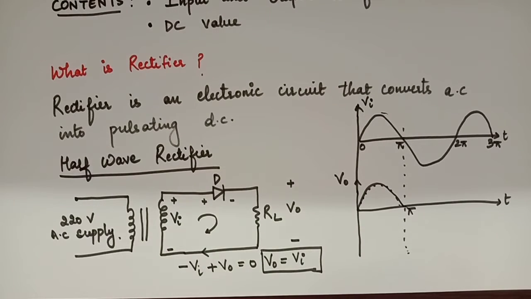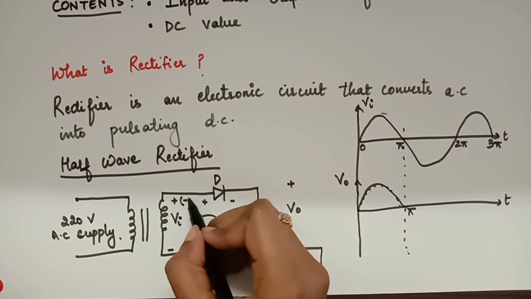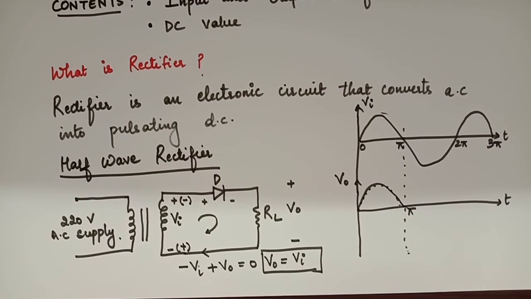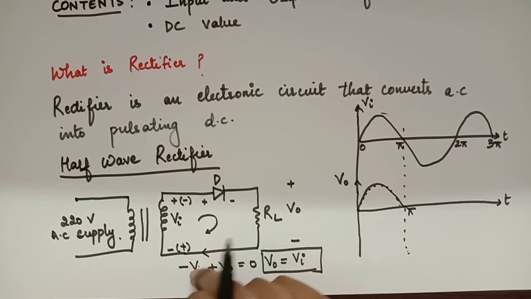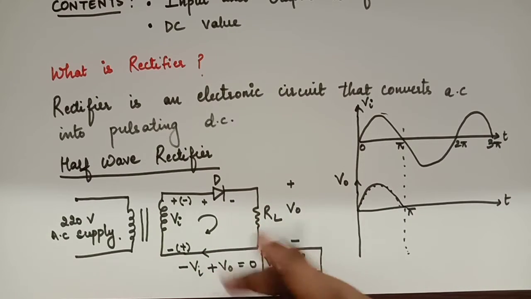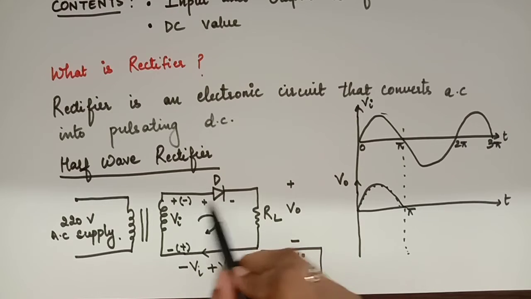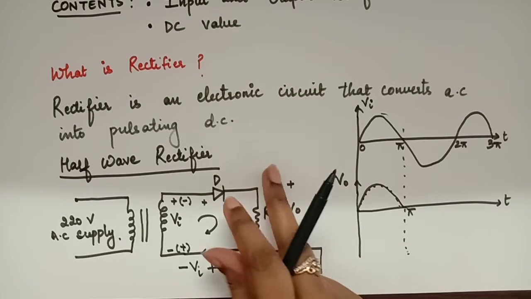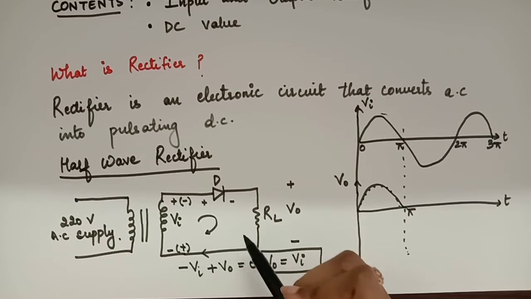Now let's consider the circuit for the negative half cycle. Do not cut these signs, just in the brackets for the negative half cycle we will put the signs. Above minus, below plus. So this is the negative half cycle. Now let's consider the diode, whether it is forward or reversed. Diode is reversed now because P is getting negative, N is getting positive. Now visualize the circuit in your mind as an open circuit. Open means current in the circuit is equal to 0.